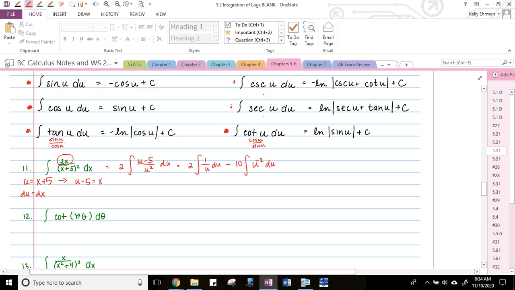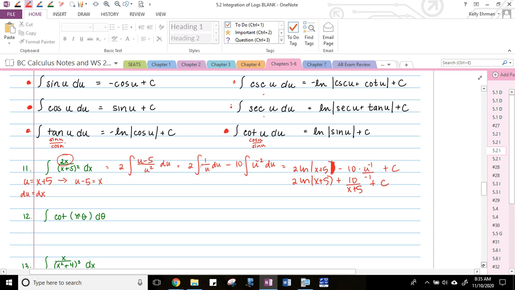I kind of like to write my 1 over u squared like this so I don't accidentally write it as natural log of something. So this is 2 natural log of the absolute value of x plus 5, oops, minus 10, and then this is going to be times u to the negative 1 divided by negative 1. So 2 natural log of x plus 5 plus 10 over x plus 5 plus c.